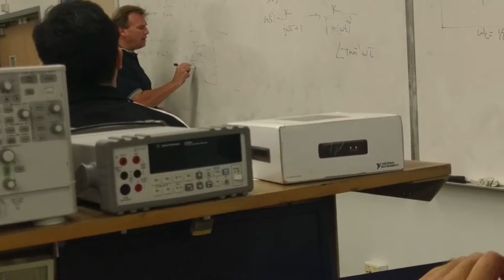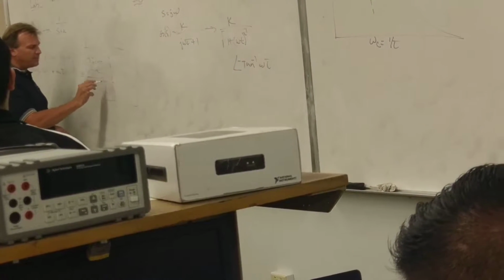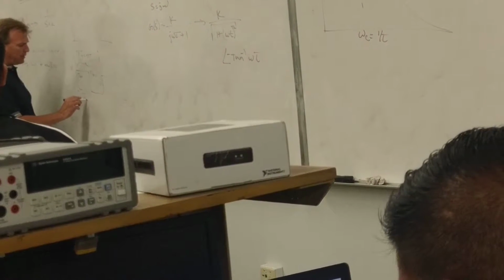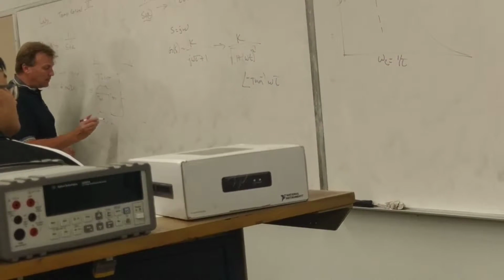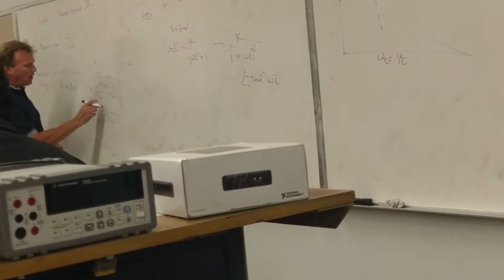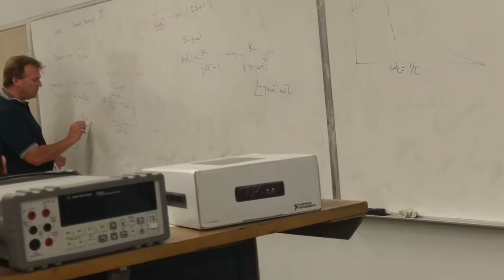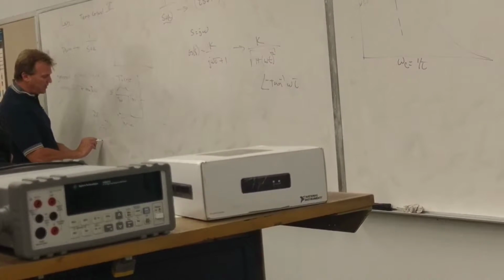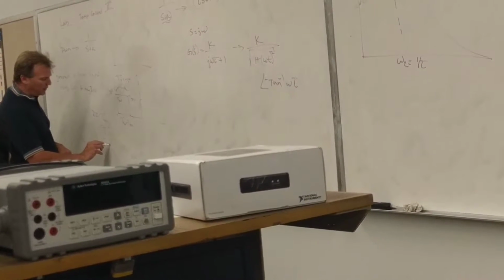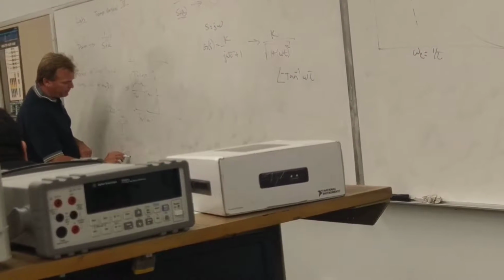I have a T on, I have a T off, such that obviously T on plus T off is T. The percent duty cycle is the T on time over the total period, which is nothing more than T on over T on plus T off.